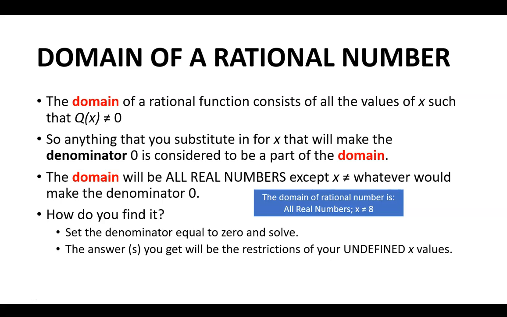Not too hard. First of all, you don't worry about the numerator, but you set the denominator equal to 0. Set the denominator equal to 0 and then solve it out. Whatever answer you get, those are going to be your undefined values that you're going to exclude from your domain.